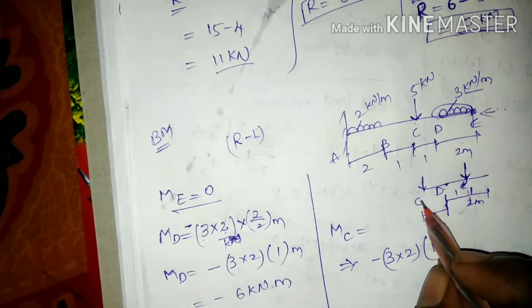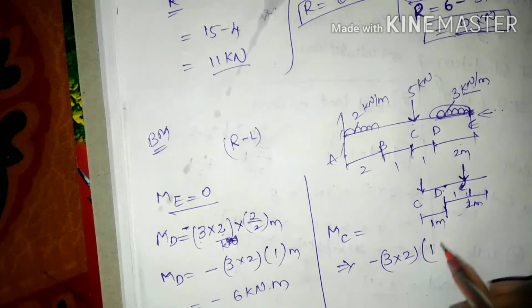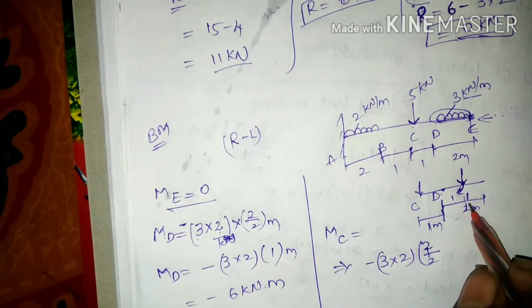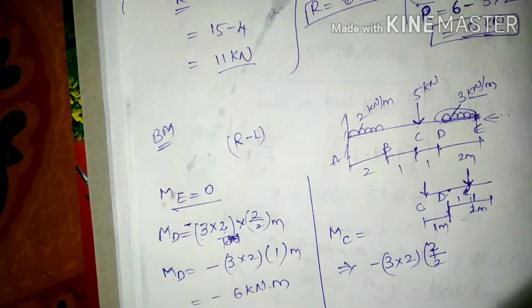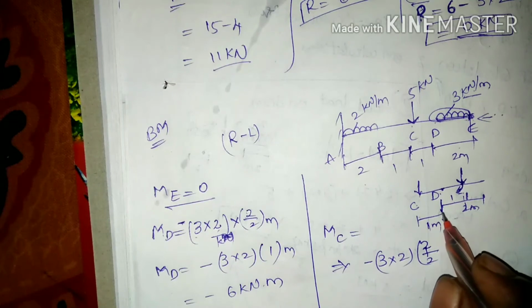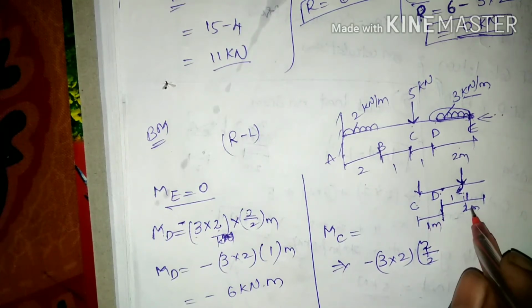From D to C, we have an extra 1 meter, so taking the moment from the midspan and adding the distance more than the acted span.